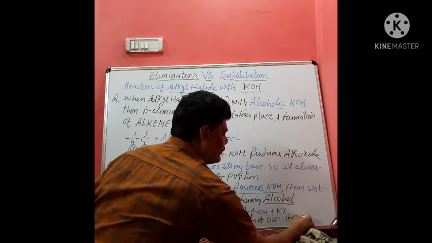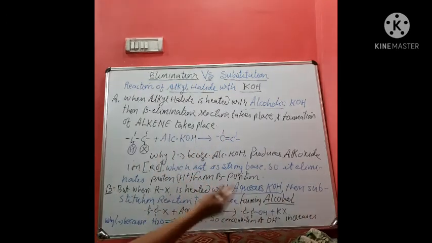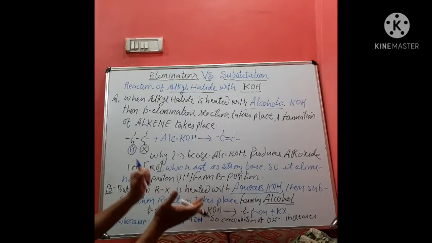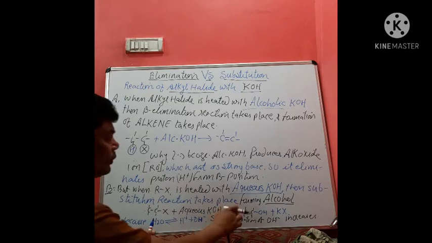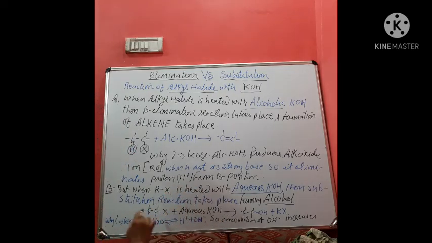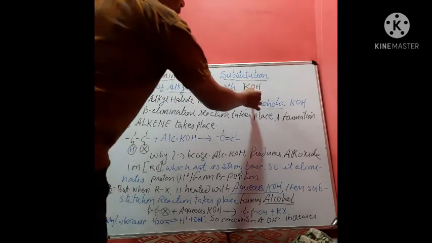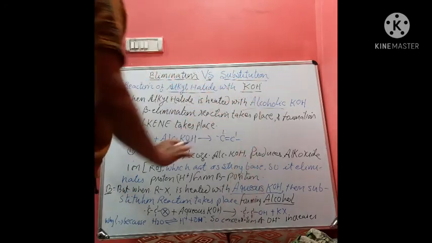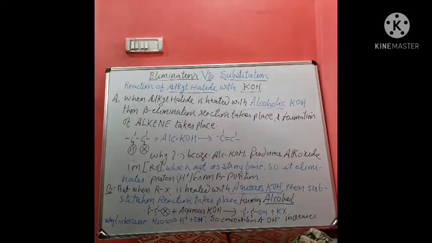Now student, this increased concentration of OH anion, furnished by KOH and water also, will cause the substitution of X. Thus, in the elimination versus substitution reaction, in case of alcoholic KOH, alkene will be the major product and elimination will take place.